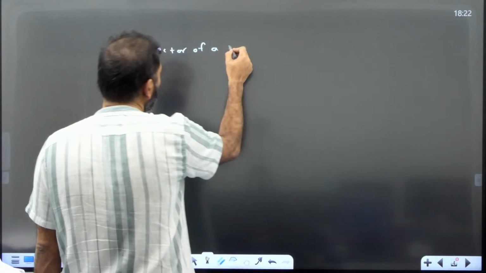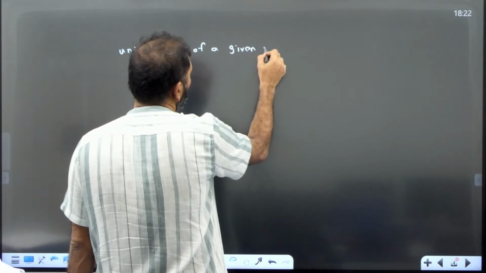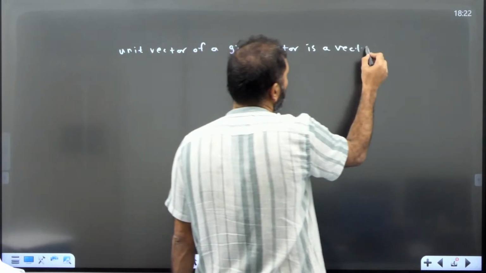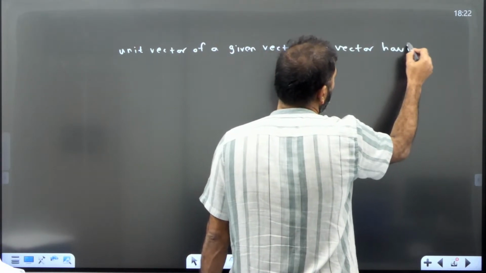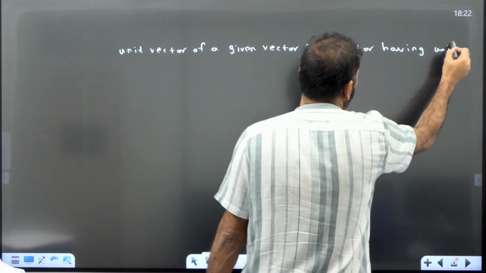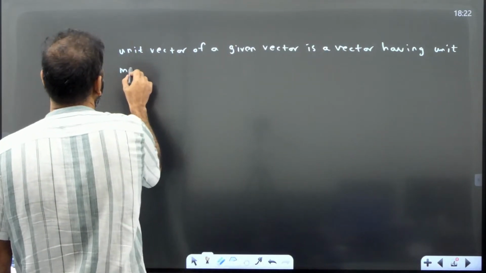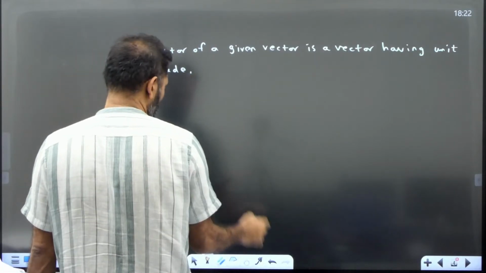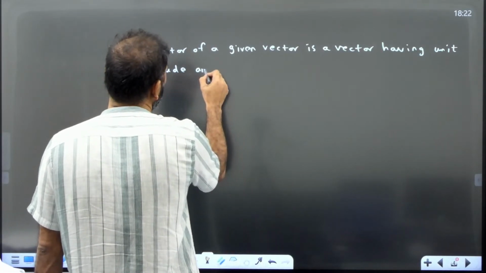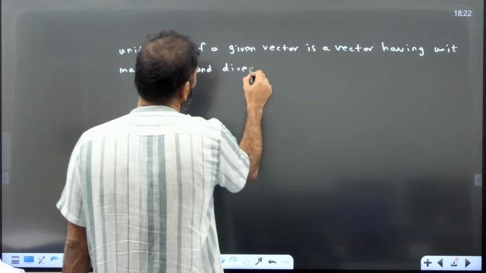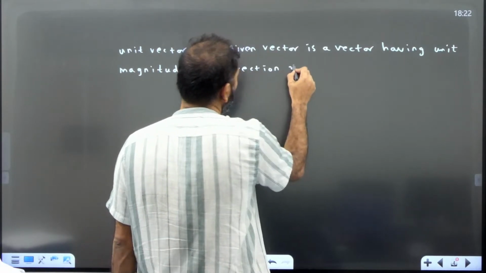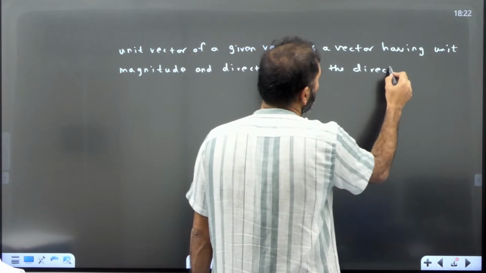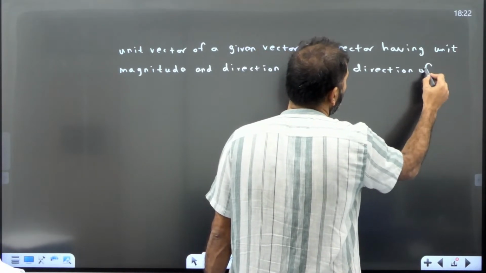Unit vector of a given vector is a vector having unit magnitude and direction is in the direction of given vector.